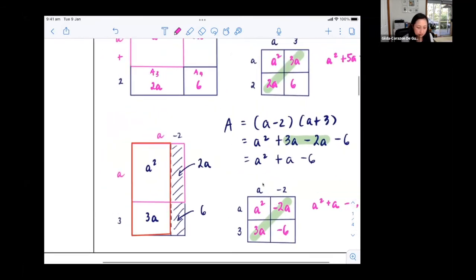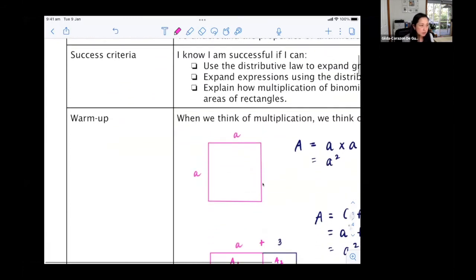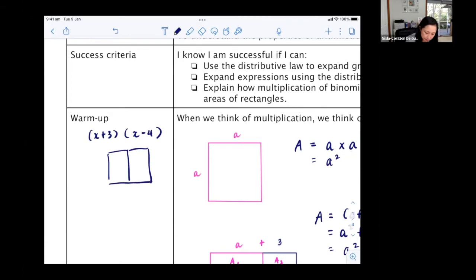Okay, so let's try a few other examples that you've got in your book. The first one is x plus 3, x minus 4. What we want to do is multiply these two binomials. We can draw a 4-box window here, and we say that's x, that's 3, this is x minus 4. You just need to make sure that you multiply your negatives correctly.